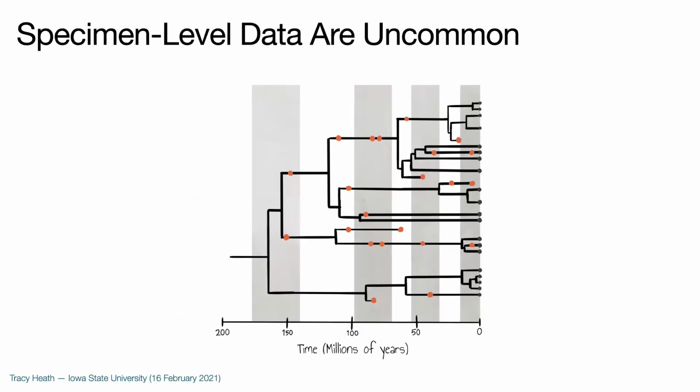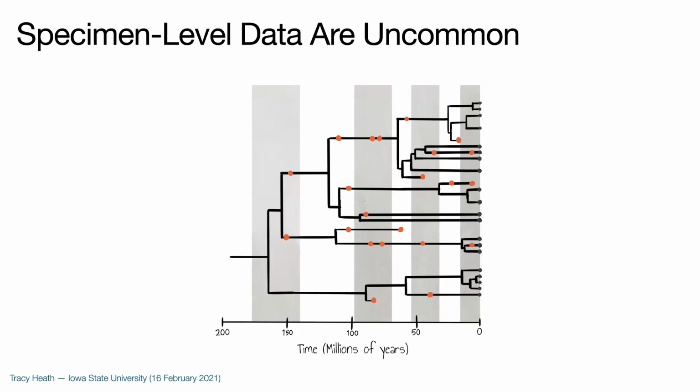So all of the studies that I've shown so far have really considered fossils as individual specimens that are preserved in the fossil record. However, this sort of individual specimen based type of data set for fossils is relatively uncommon.